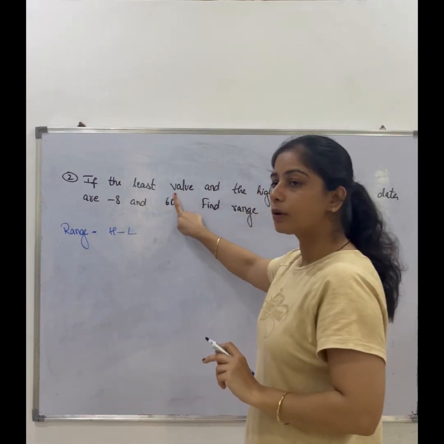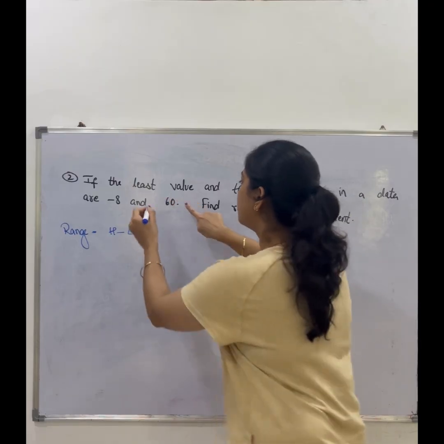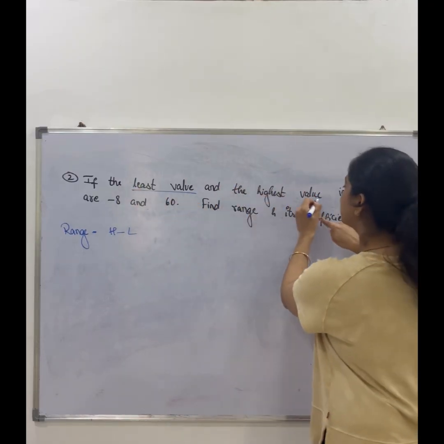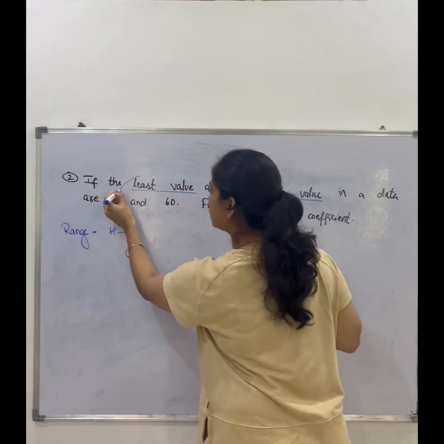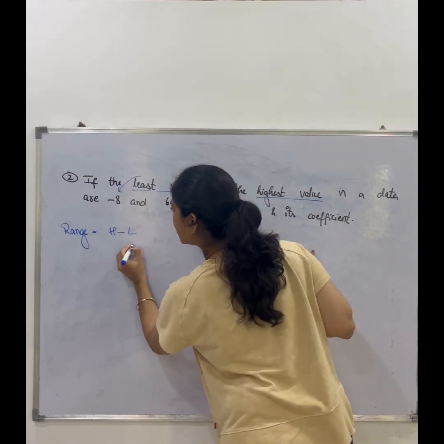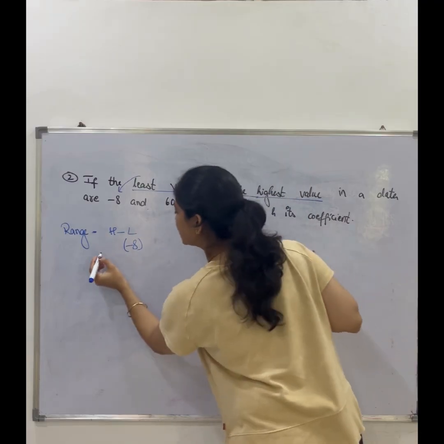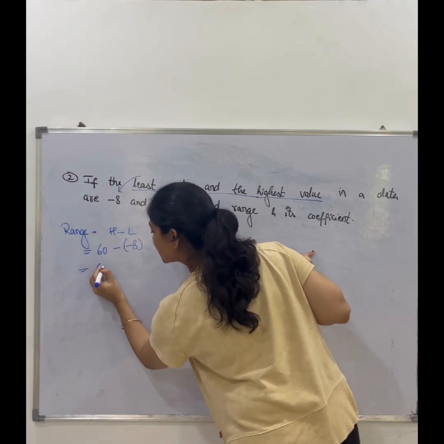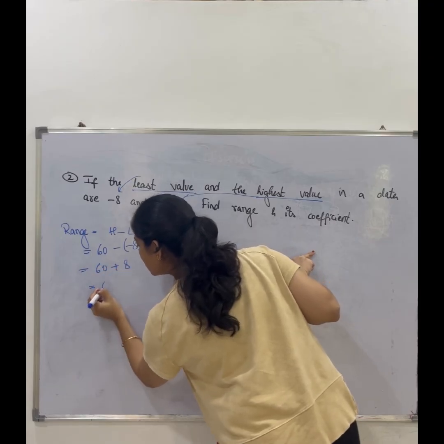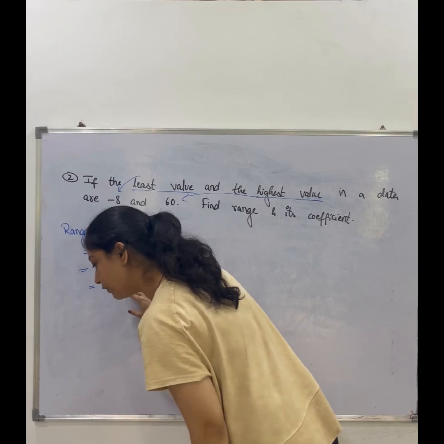Now read the question well and then substitute the values. The first value they have given you is the least value, so your least value will be minus 8 and your highest value will be 60. So 60 minus of minus 8, which is 60 plus 8, and the answer is 68. This is your range.